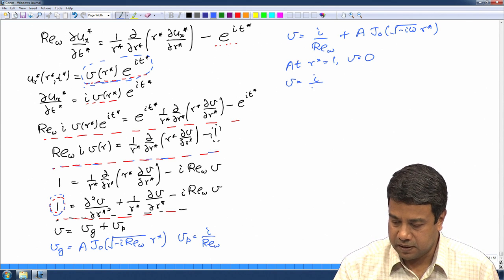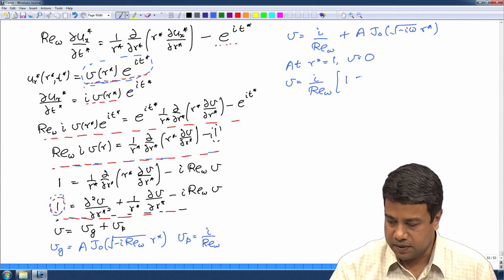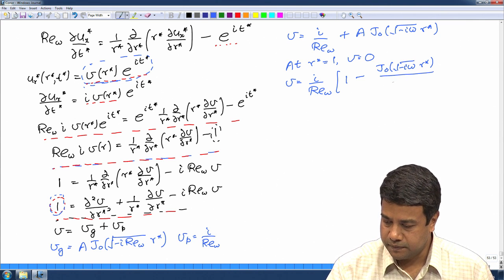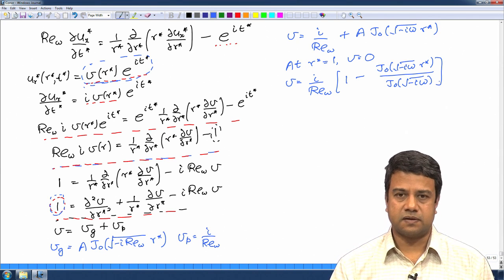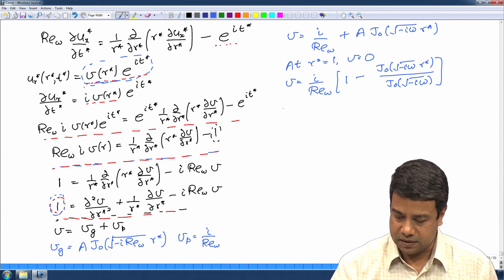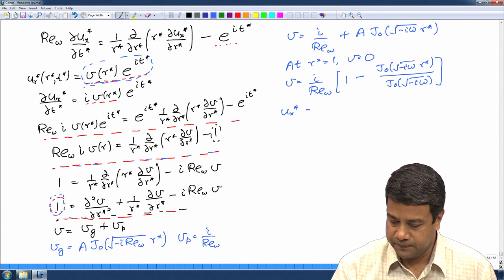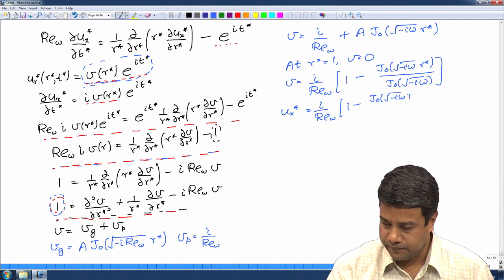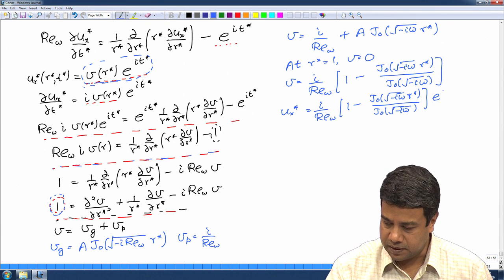V is equal to i by Re omega into 1 minus, okay, so that is the final solution for V. And the final solution for ux star is going to be equal to this times e to the power i t star.